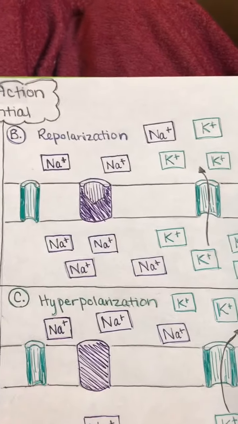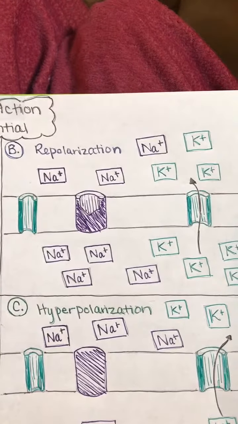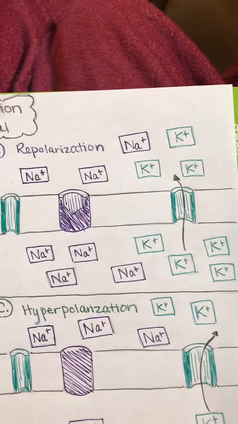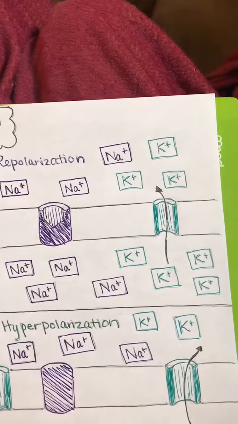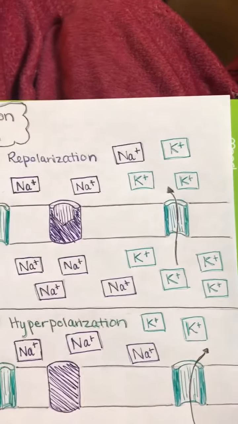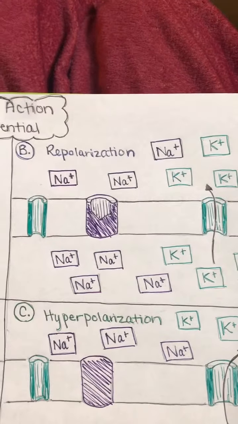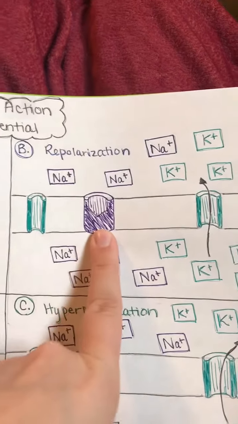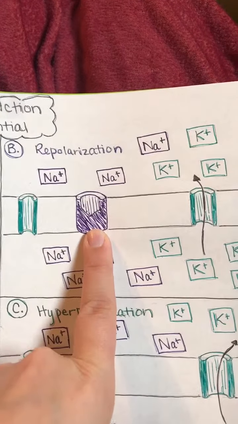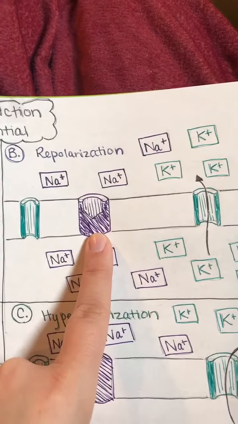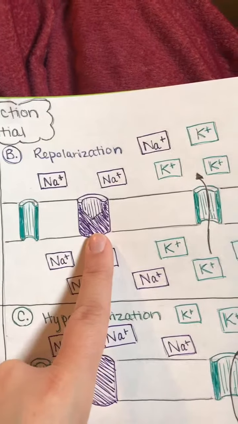And then in part B, repolarization. This is when the membrane potential begins to return to normal, and this occurs because the voltage-gated sodium channel is now inactivated, meaning no sodium can go in or out of the membrane.